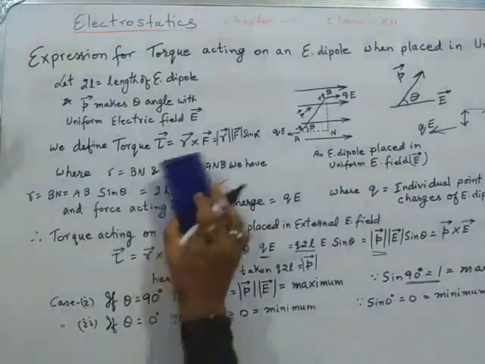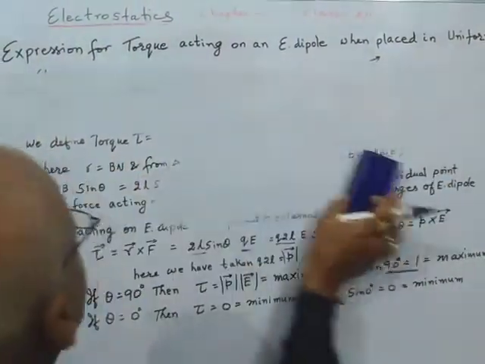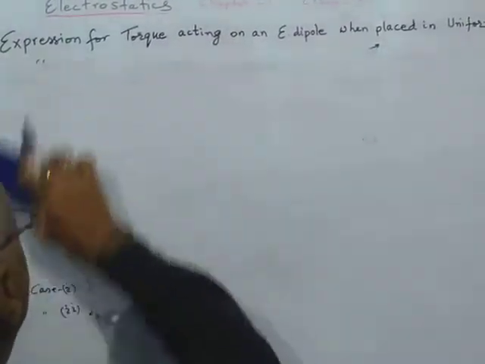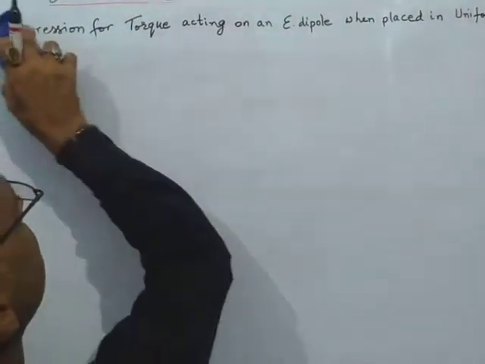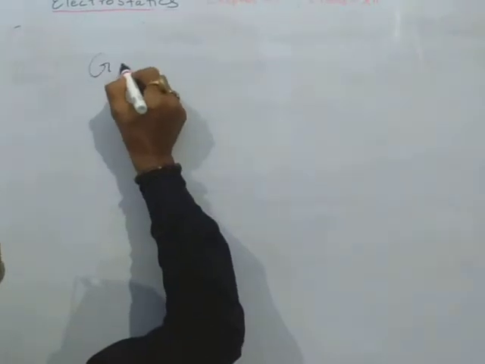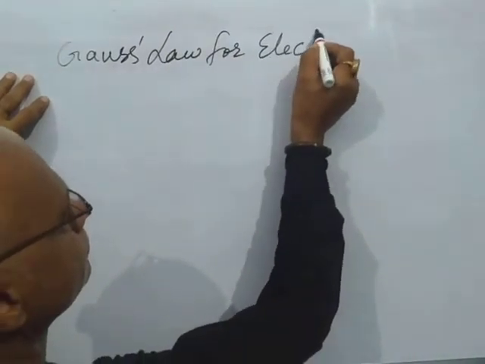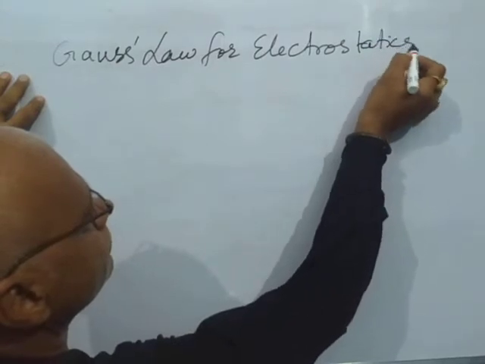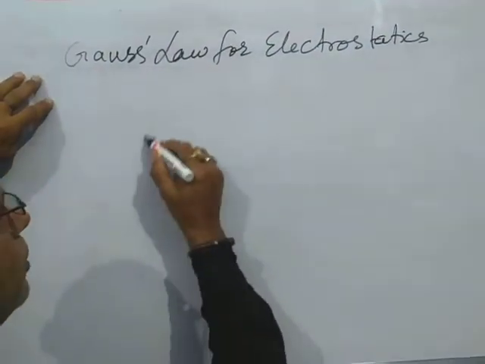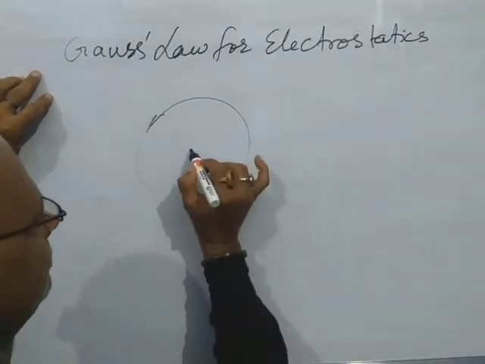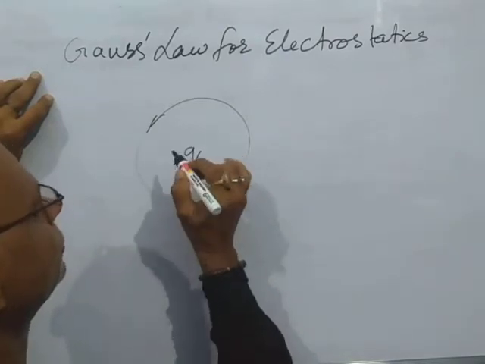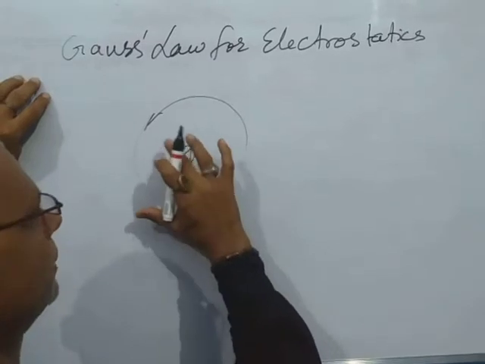What is Gauss law for electrostatics? Gauss law for electrostatics states that the total electric flux passing through any enclosed surface, we are talking about any enclosed surface, whatever be the shape of the surface, say for example a spherical surface, and we have some charge, say plus Q or whatever charge you wish, enclosed by it.